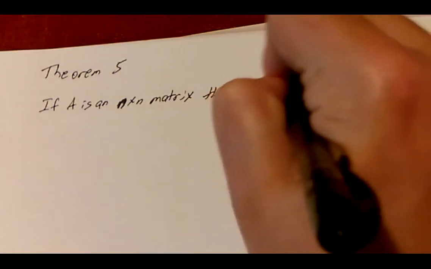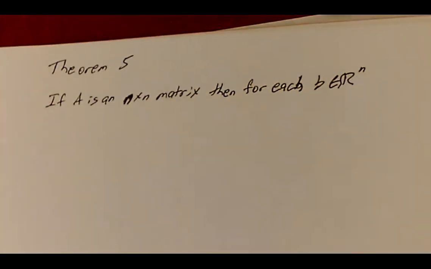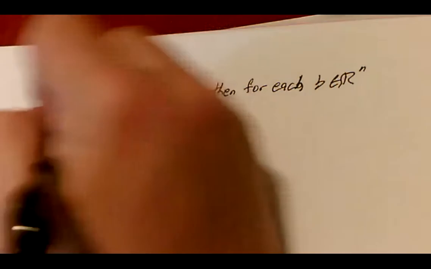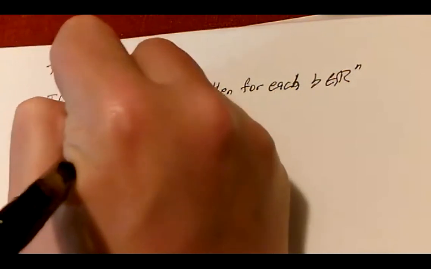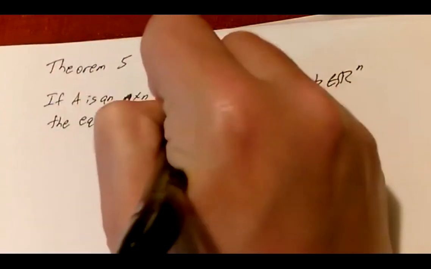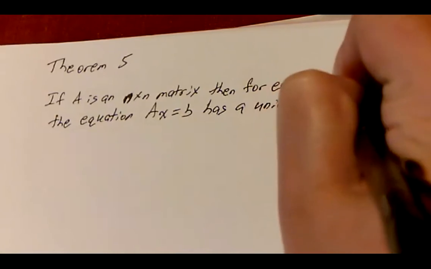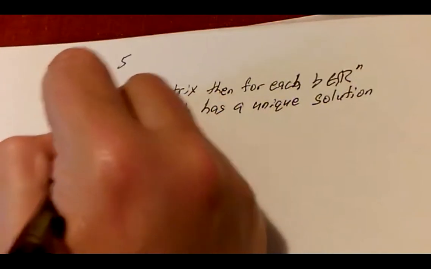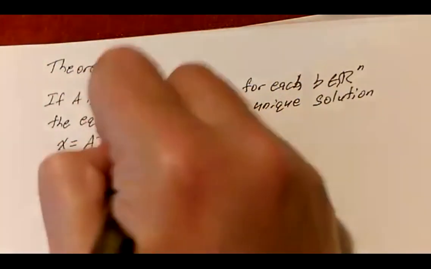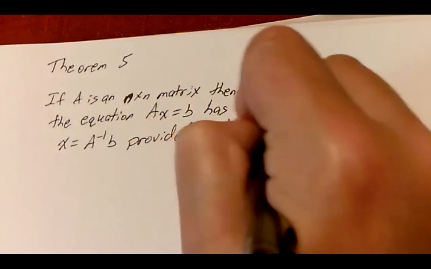for each b, so each vector b that's an element of Rn, the equation Ax equals b has a unique solution, x equals A inverse b, provided A inverse exists.